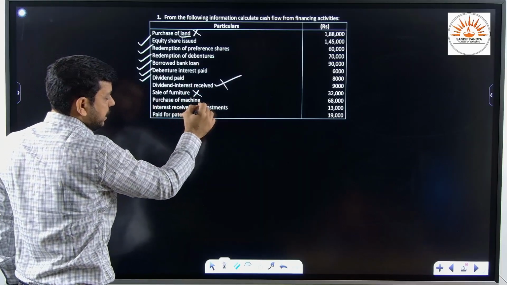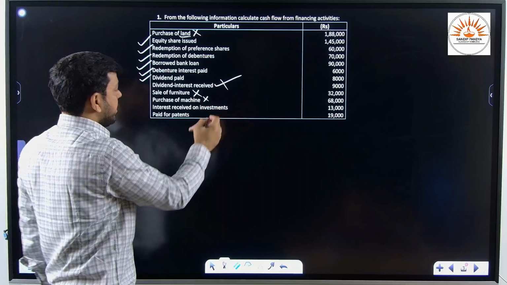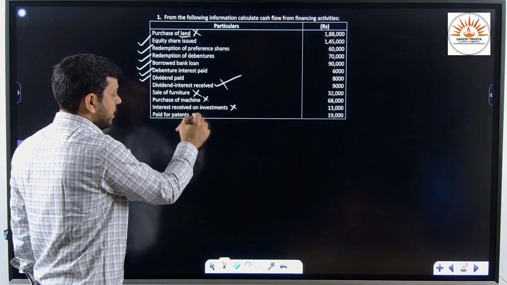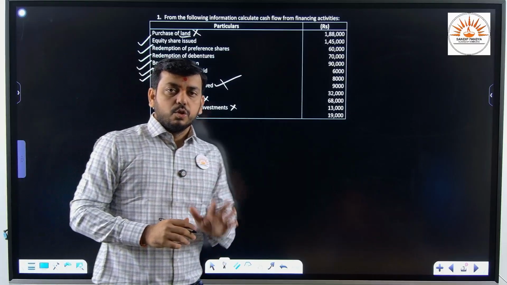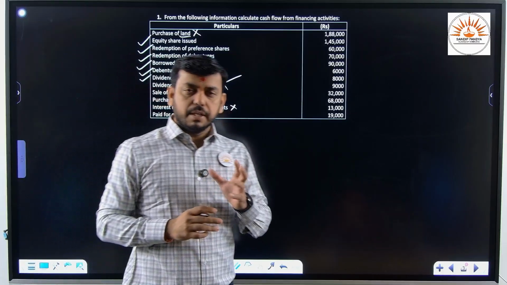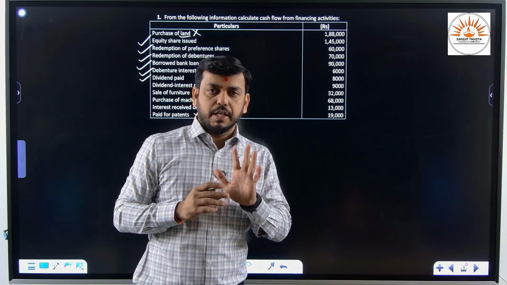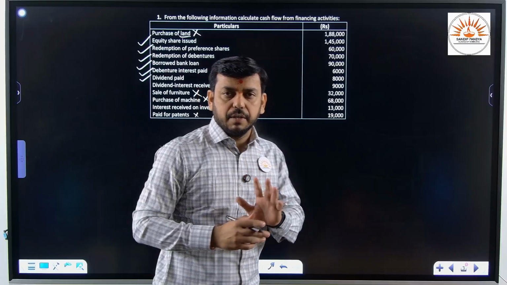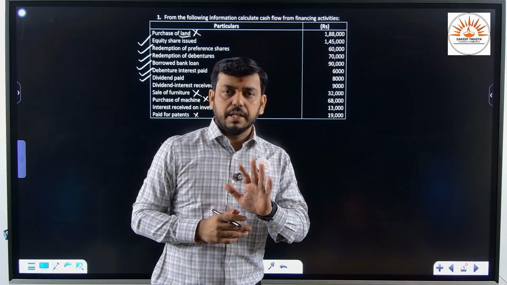Purchase of machine is also an asset, hence we shall also cancel it. Interest received on investment is also investing activity, and paid for patent is also investing activity, hence we shall cancel those. Whenever we are given a mix of information in exams, do not forget to first eliminate the information related to the investing activity and only find the activities related to financing.